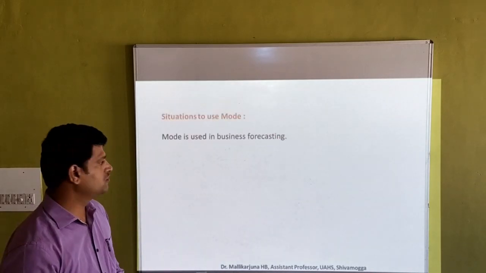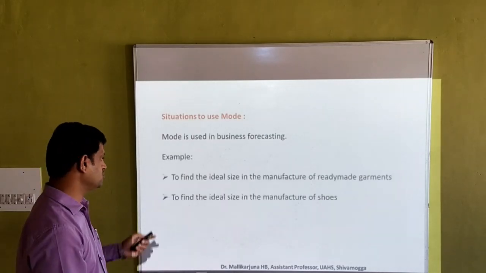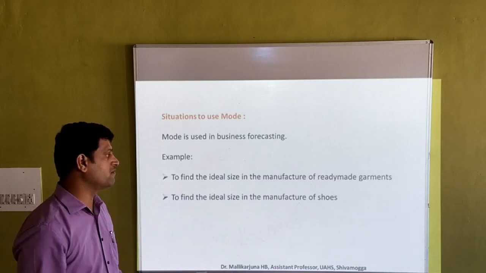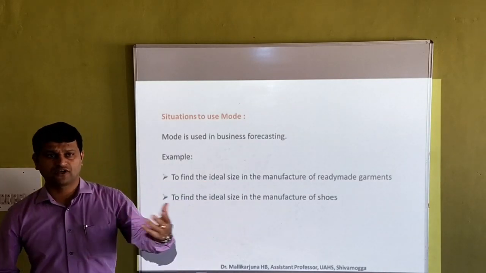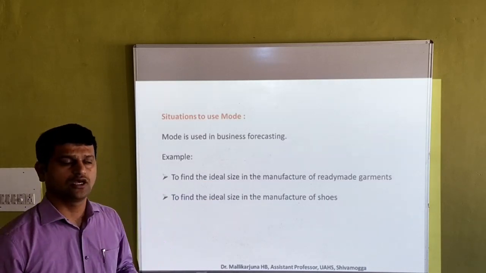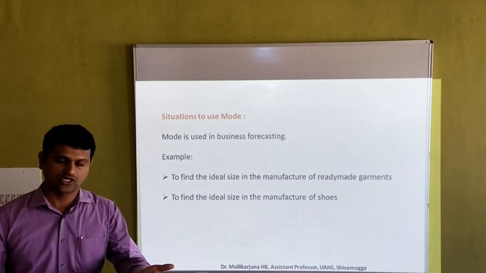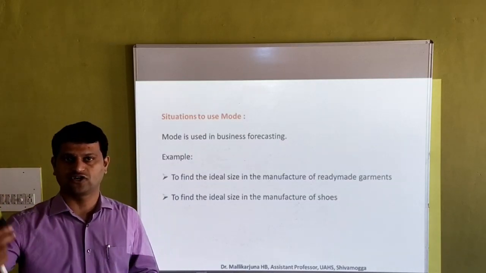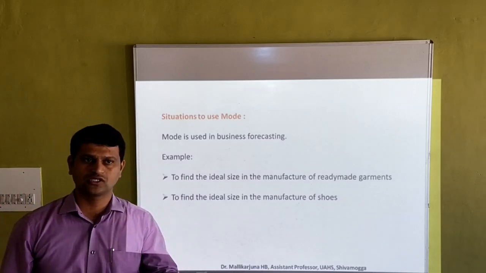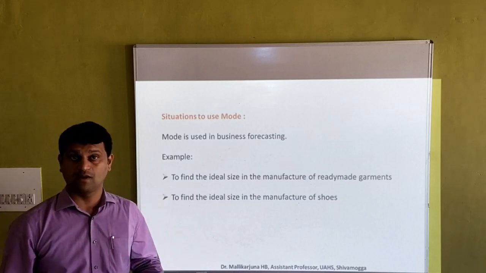Situations to use mode. Mode is used in business forecasting, for example to find the ideal size in the manufacture of ready-made garments. Usually in ready-made garment manufacturing, the most common sizes are 38, 40, 42. In these shirt sizes they will produce more compared to sizes 44, 46, based on the maximum value.